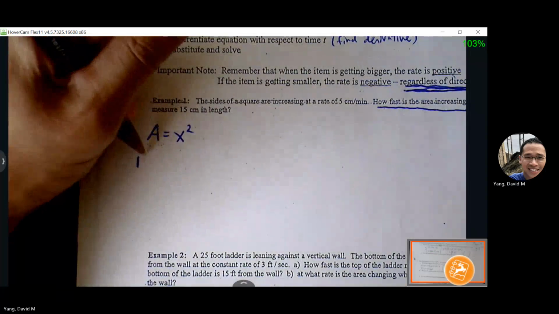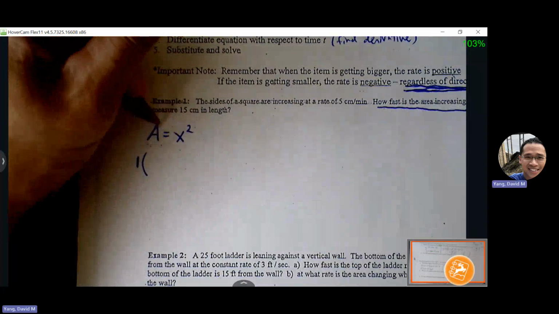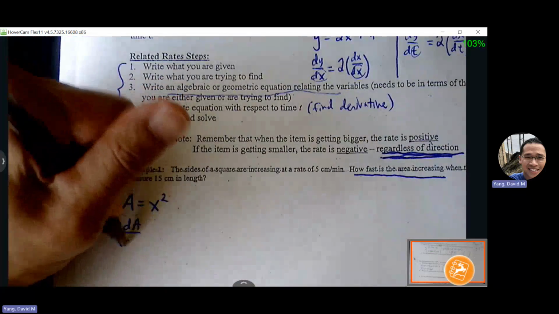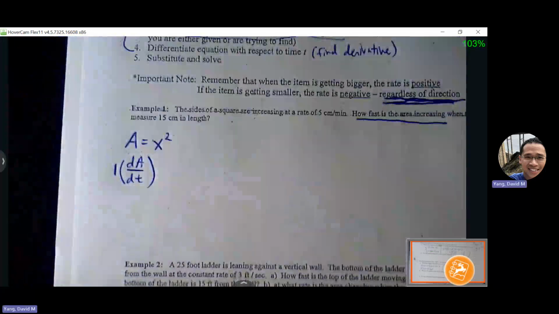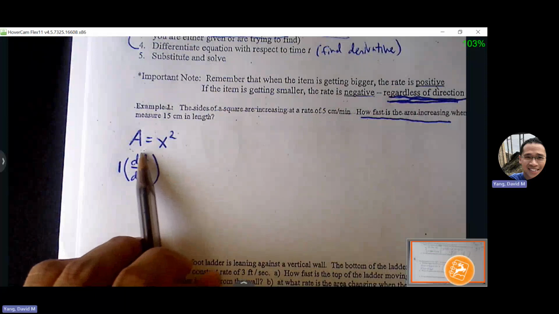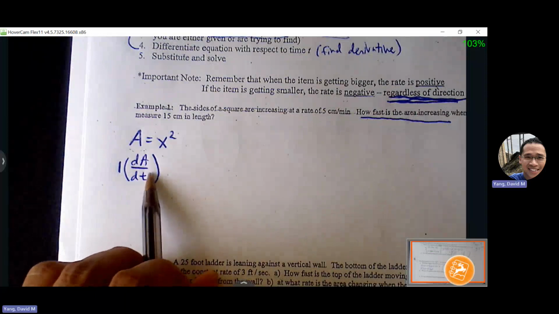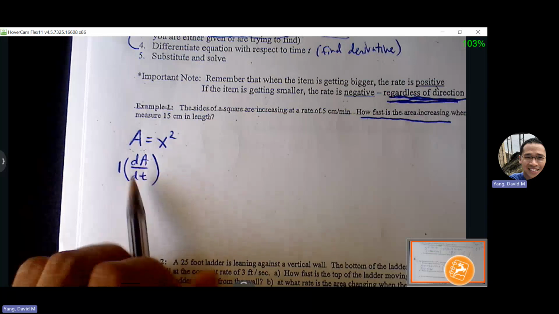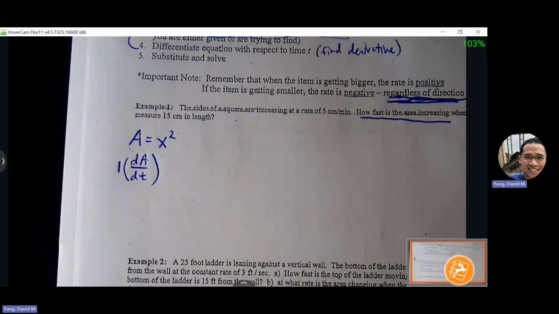It's not d. It's dA over dt. That's going to be your pattern, okay? Because I'm finding the derivative of my variable A with respect to time t. Okay? So that's going to be the pattern for all of these. Okay, time is going to be our underlying variable that's going to influence everything.